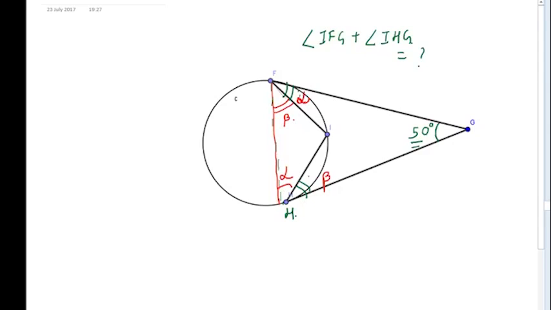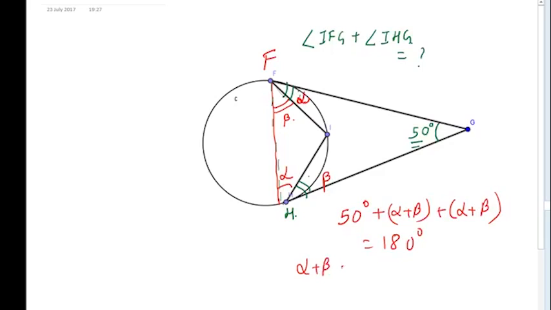So now look at the triangle FGH, the big triangle. The sum of its angles has to be 180 degrees. So it is 50 degrees plus alpha plus beta, because that angle is alpha plus beta and the other angle is also alpha plus beta. This is equal to 180 degrees. So from here you can actually get alpha plus beta, which is 130 by 2, or 65 degrees.